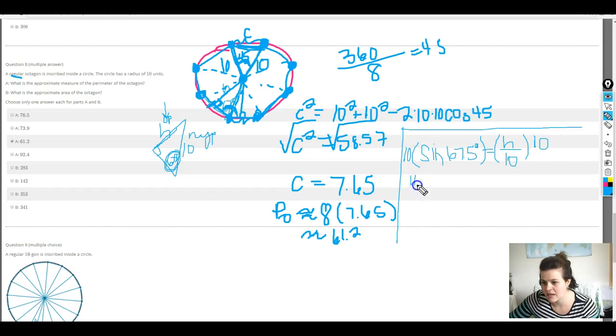So I'm going to have 10 sine of 67.5 degrees is equal to h divided by 10 times 10 is 10h, since we multiply numerators, divided by 10, and the denominator for a whole number is always 1. 10 divided by 10 makes the form of 1. It reduces down. So we have 1h is going to equal 10 times sine of 67.5.